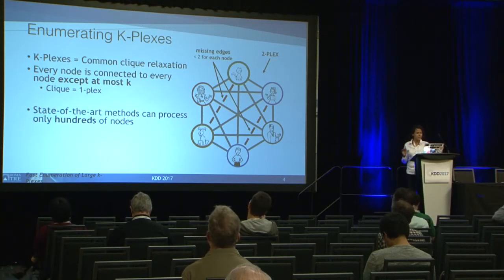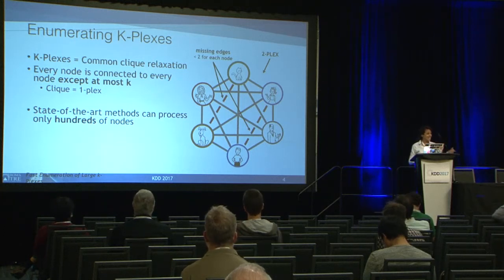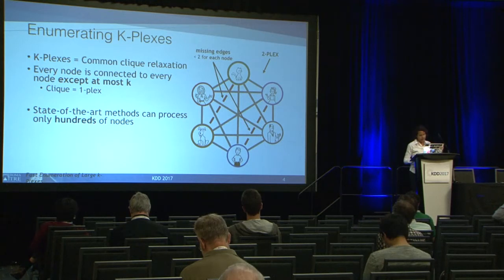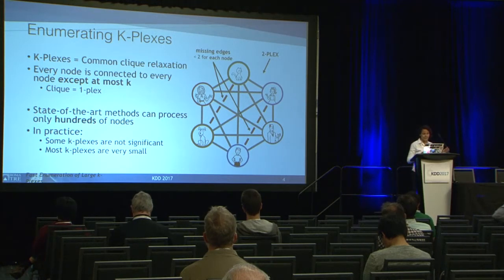There are state-of-the-art methods for computing and enumerating k-plexes, all of them, but they can process only very small graphs, only hundreds of nodes. In practice, you spend a lot of time enumerating k-plexes, and you find k-plexes that are not significant or are very small.